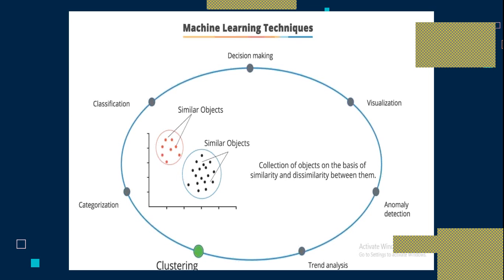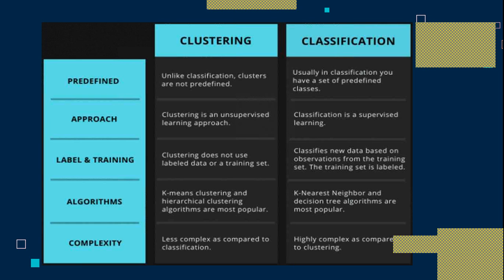This is again an unsupervised machine learning type, where you have to make a group of objects that have some similarity, and the other objects that don't have that similarity. So this is a collection of objects based on the similarity and the dissimilarity between them. Okay, so we can differentiate between clustering and classification.